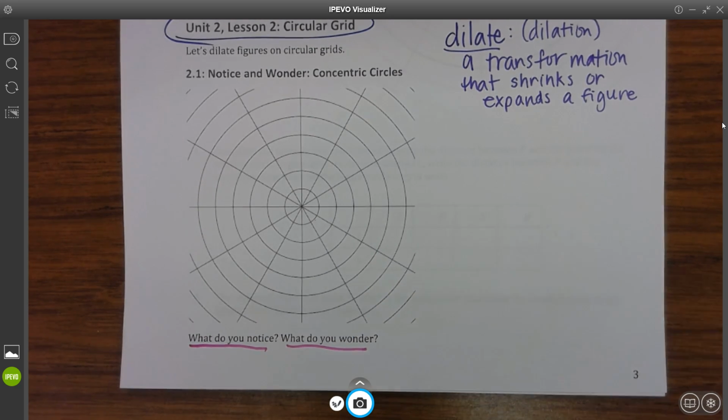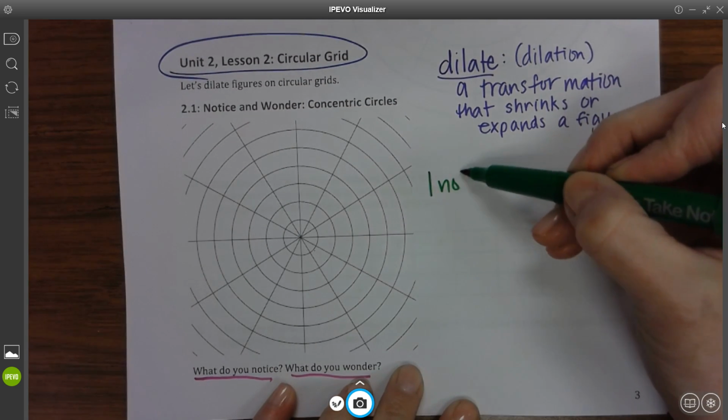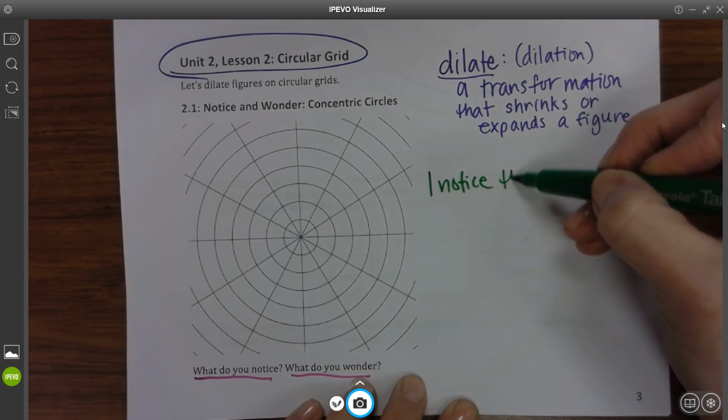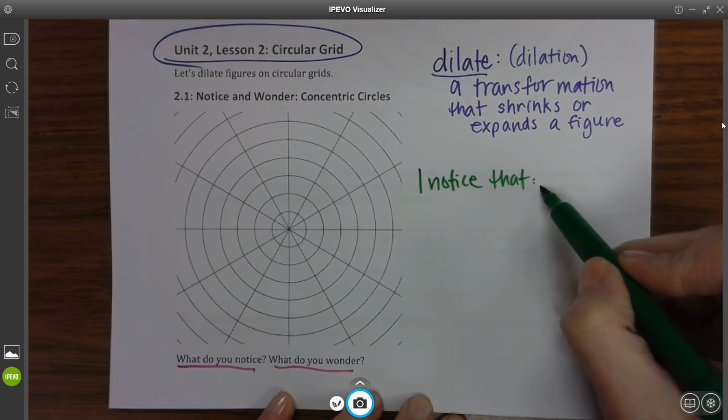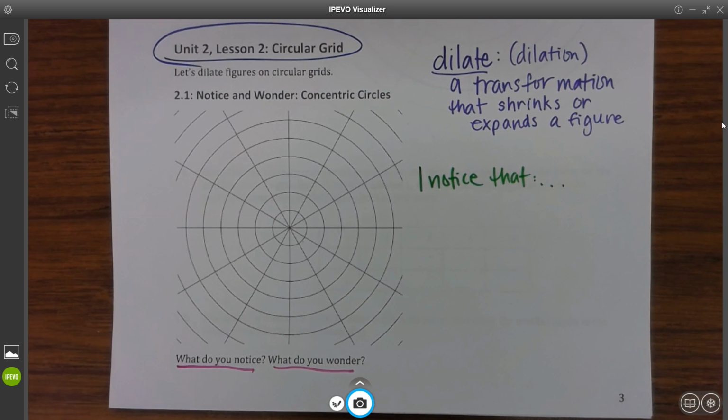Okay, so if you struggled to come up with something, I'm going to tell you a few options that you might have. So you might notice that the circles look like they're equal distances apart.